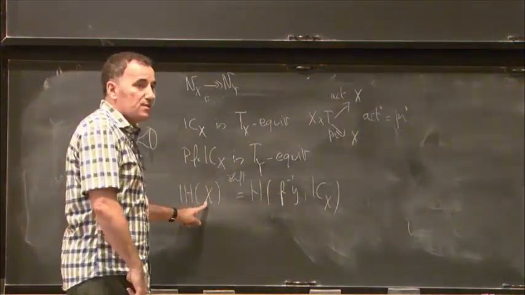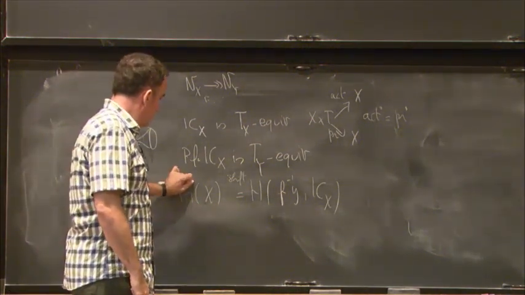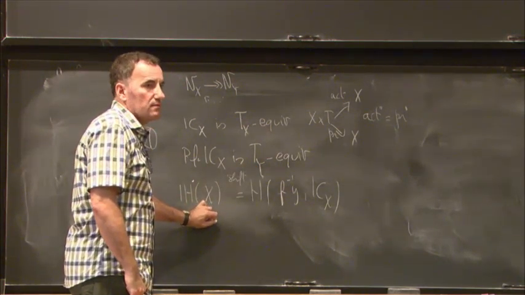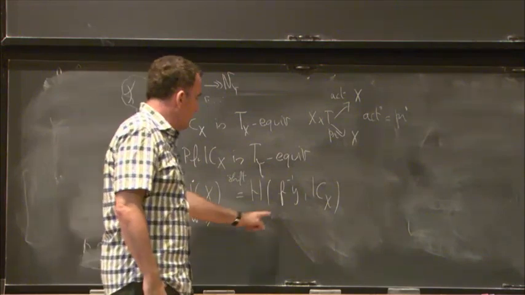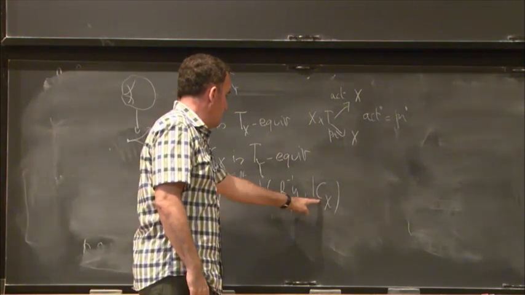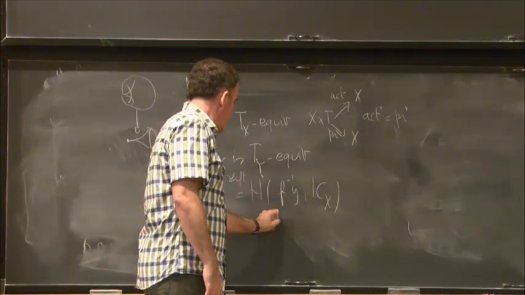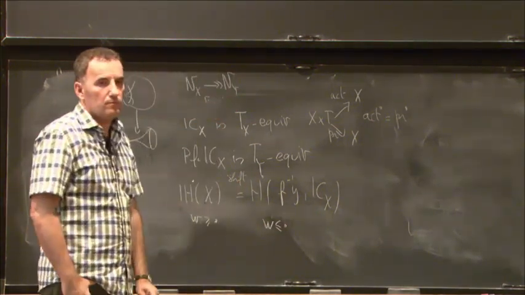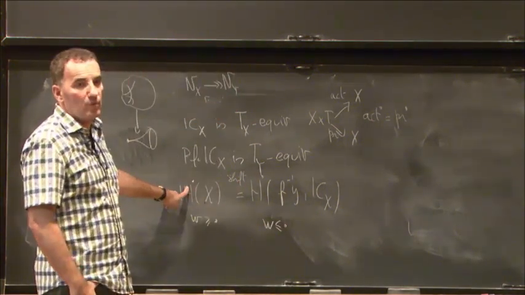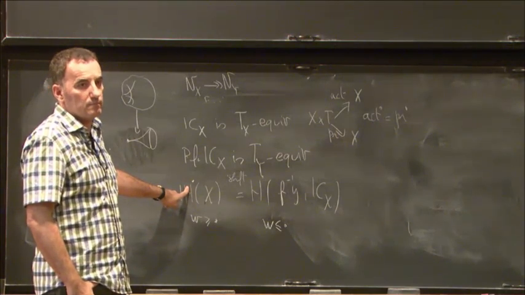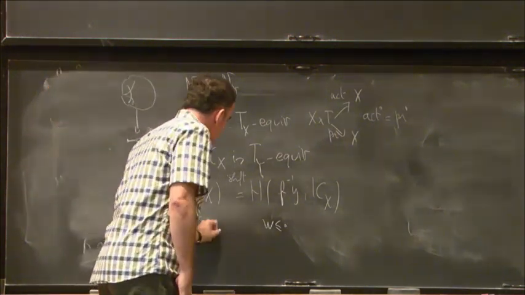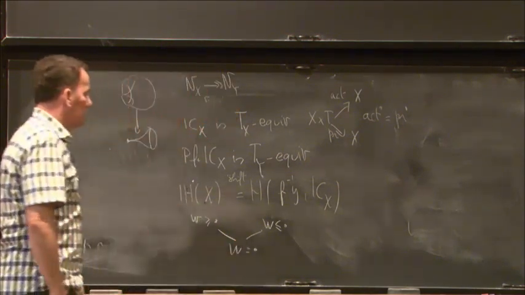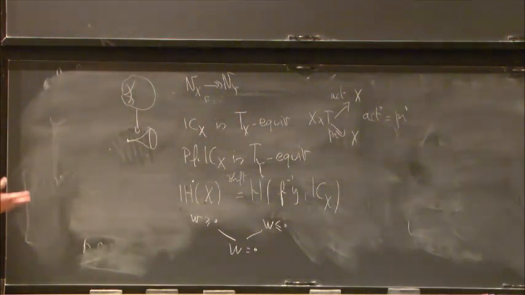Because X is open, its weights are greater than or equal to the degree. Because the fiber is closed, by purity, its weights are less than or equal to the degree. No, this is intersection cohomology. Yeah. So the weights agree with the degree, so we have the purity.